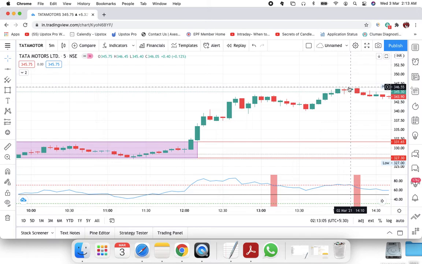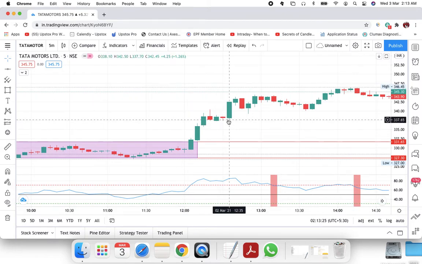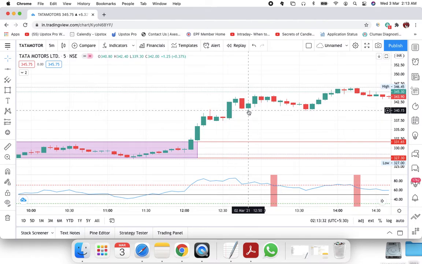So as long as the rule is not broken, we can keep our position. The rule is, the candle should not break the previous candle low. The moment it breaks the previous candle low, you should exit.